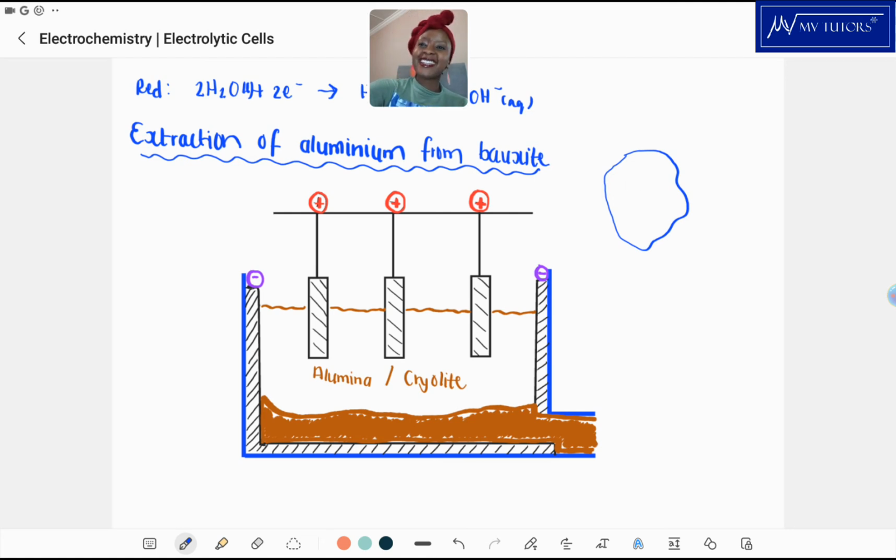So you take your bauxite, and when you purify it, what you would get is aluminium oxide, Al2O3. The reason why aluminium has 2 at the bottom and oxygen has 3, remember aluminium has a charge of 3 plus and oxygen has a charge of 2 minus. So if you do cross multiplication, aluminium gets 2 and oxygen gets 3.